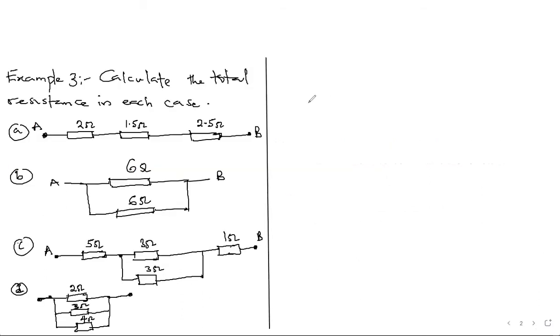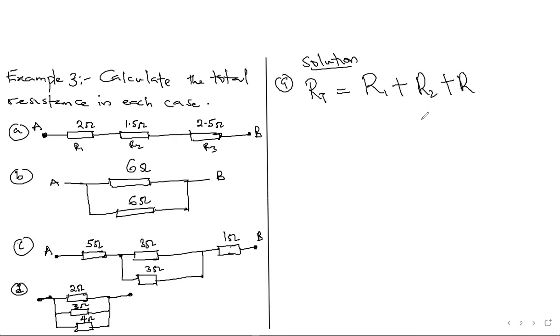Now here you have to calculate the total resistance in each case. The first one, you have resistors in series. So the resistance between these two ends, A and B, is what you are looking for. Because we have a series connection, the total resistance RT will be equal to R1 plus R2 plus R3.